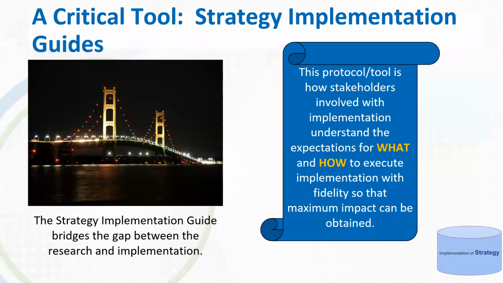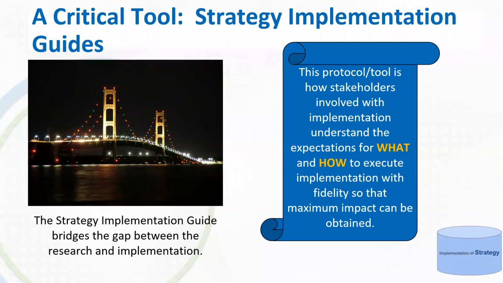Probably one of the most important tools for fidelity of implementation is the Strategy Implementation Guide, sometimes referred to as the SIG. Note the statements on this slide regarding the guide. The Strategy Implementation Guide bridges the gap between research and implementation.